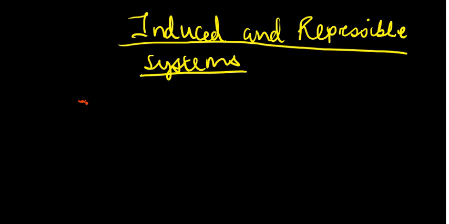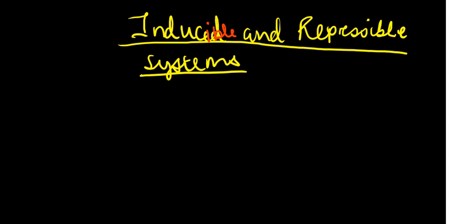All right. So what we mean by an inducible, actually it's supposed to be inducible system, so this is an inducible or repressible system. An inducible system is normally switched off.